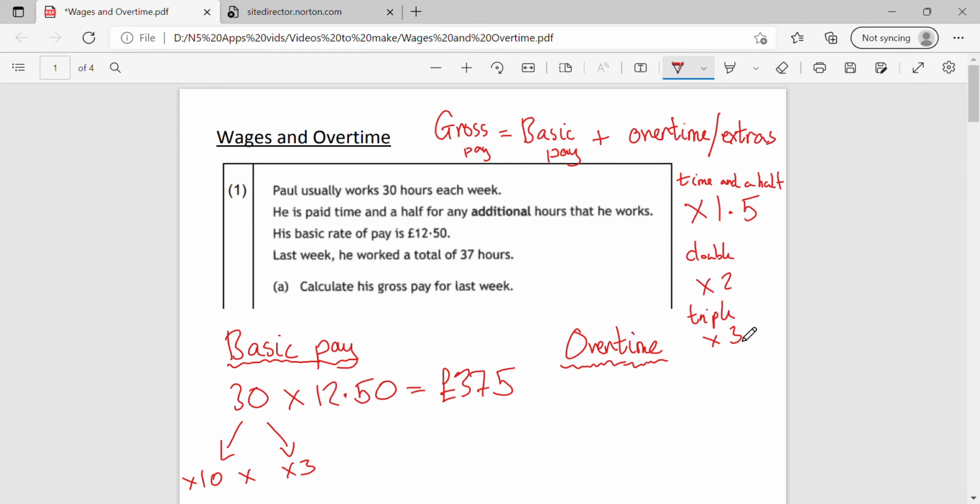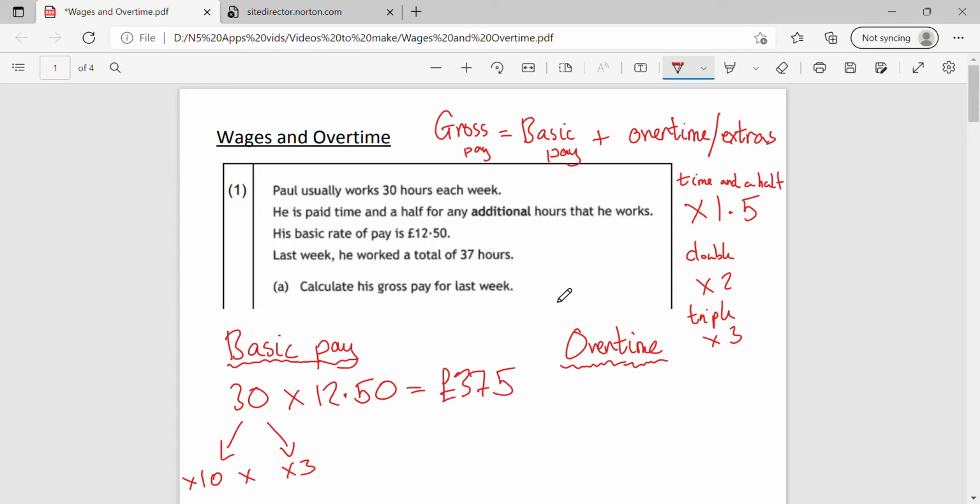So you would end up getting paid for 15 hours at your basic rate of pay. Or you can multiply your basic rate of pay by 1.5 for time and a half, 2 for double, and 3 for triple. Both of those are equally valid depending on which way you prefer.